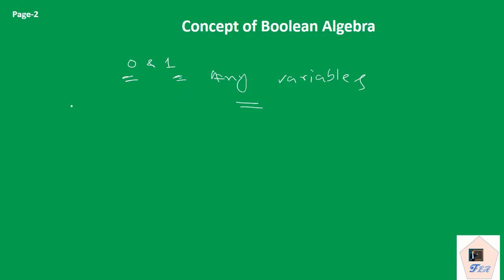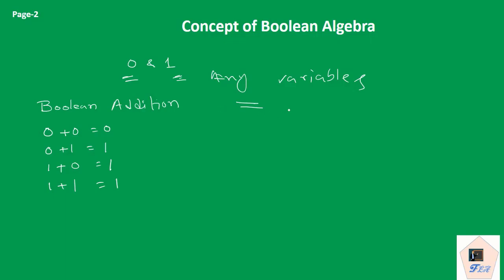In Boolean algebra, basically we have two kinds of operation. First, Boolean addition. Boolean addition says 0 plus 0 gives 0, 0 plus 1 gives 1, 1 plus 0 is 1, and 1 plus 1 is also 1.